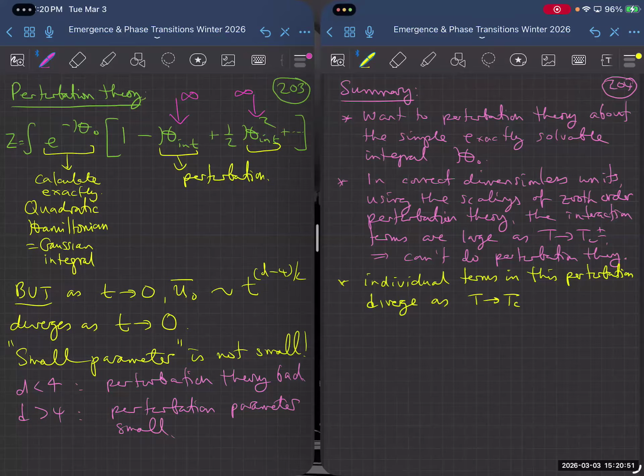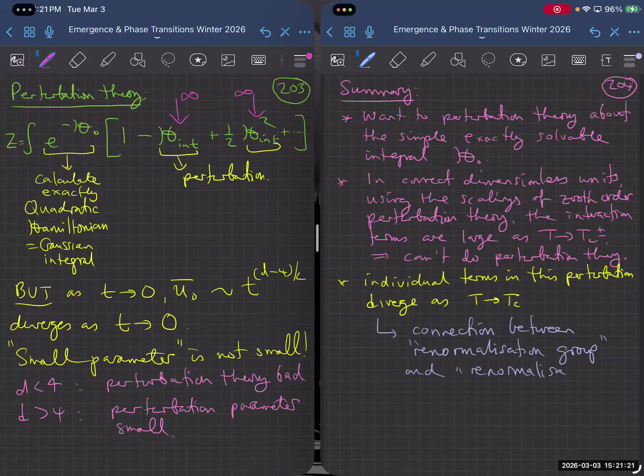Now, let me tell you another thing. This is the connection between renormalization group and renormalization in quantum field theory.